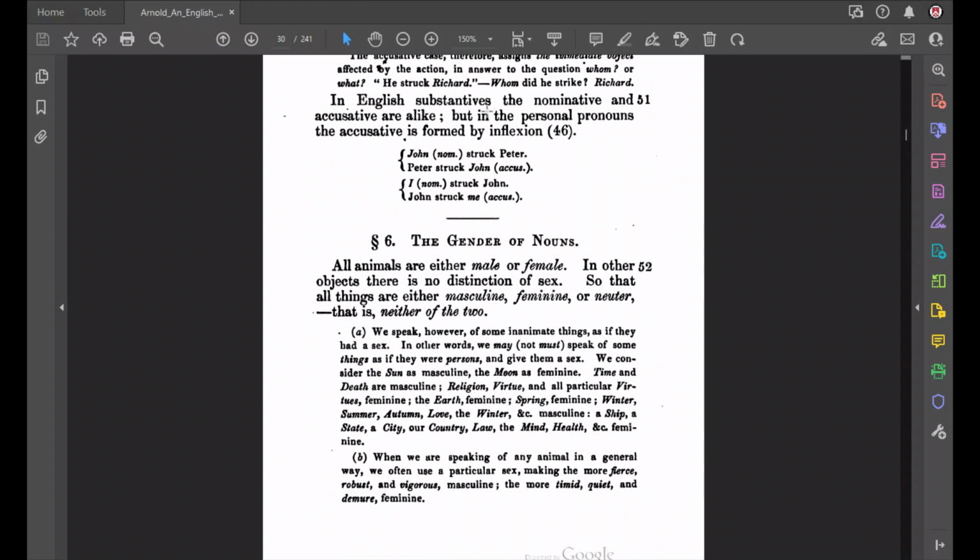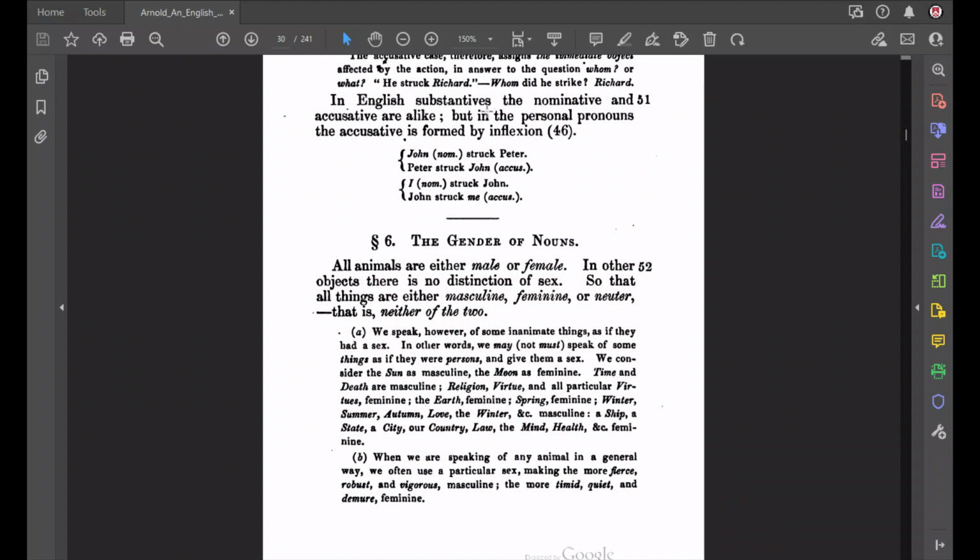Let's read this lesson together. Lesson 6 on the gender of nouns. All animals, and that includes human beings, all animals are either male or female. And that's simple. We all understand what that means. All animals are either male or female.